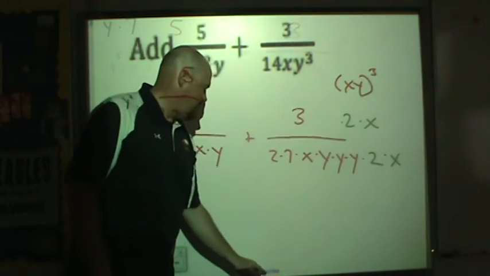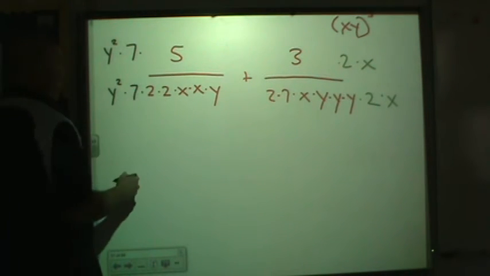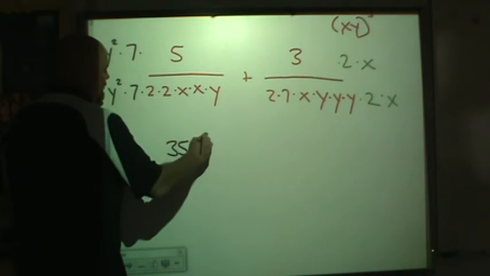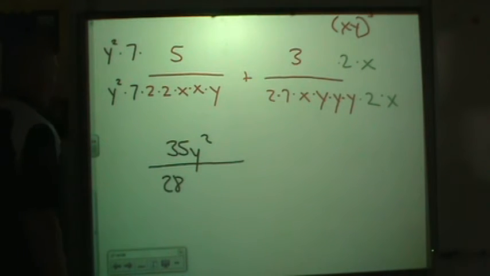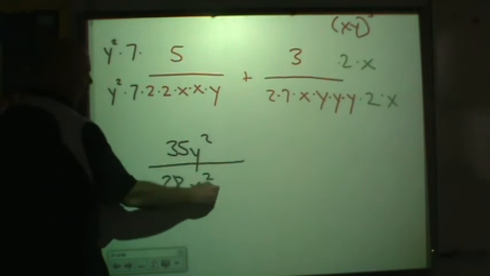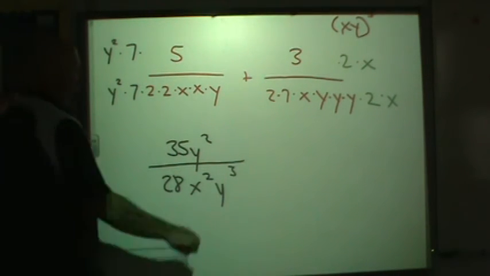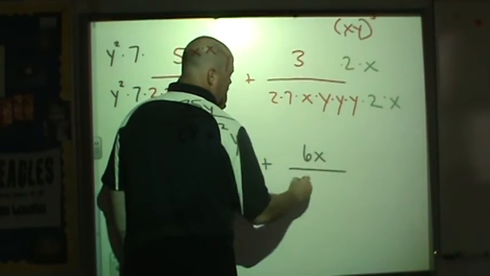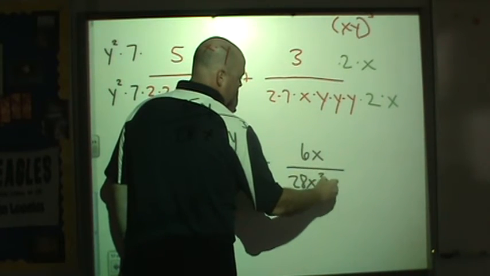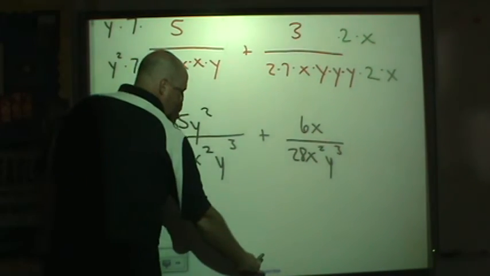So when we put this back together, on the top, y squared times 7 times 5 is 35 y squared. On the bottom, 2 times 2 times 7 is 28 x squared y cubed, plus 3 times 2 times x, that's 6x over, I know I'm good here, and then we add these together.